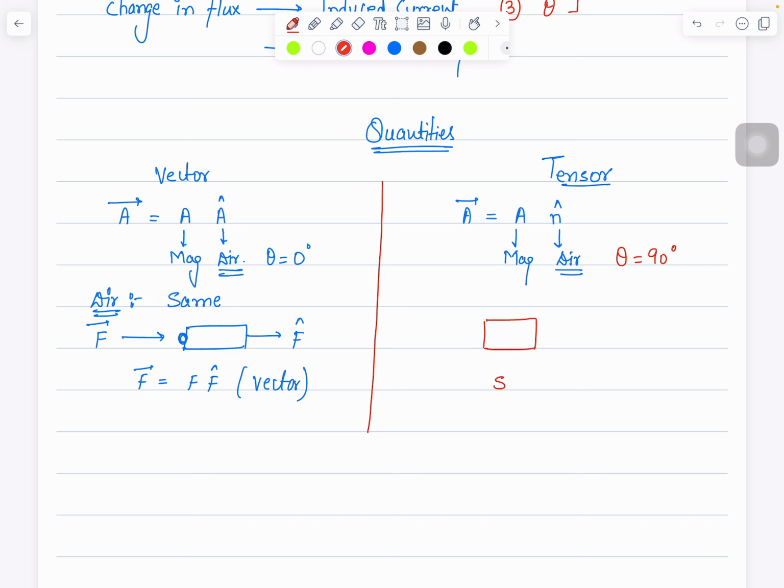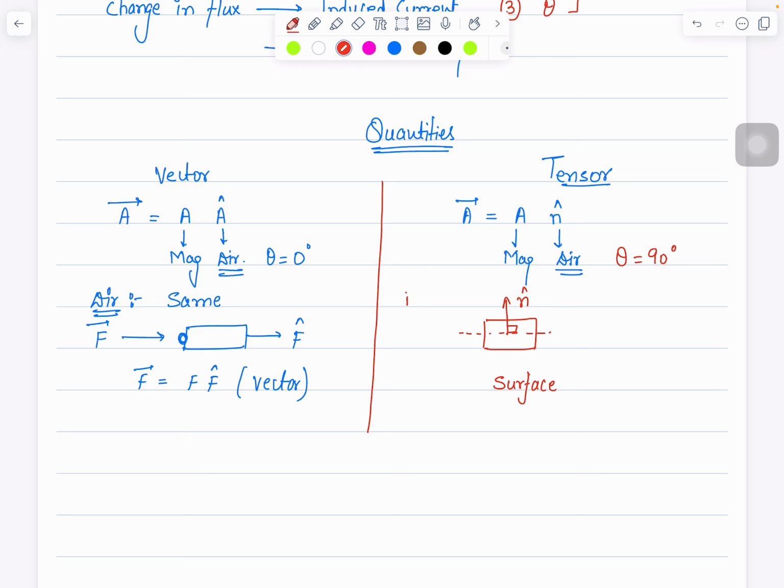What is the direction of this surface? Can you say the direction of the surface is this one, n cap? Yes or no? So it is at 90 degree to the base. It makes an angle of 90 degree.